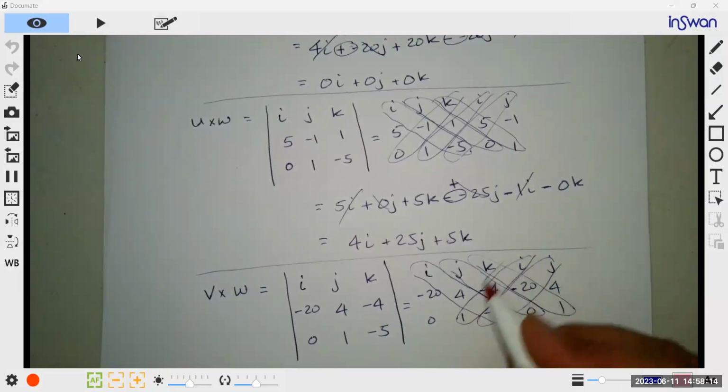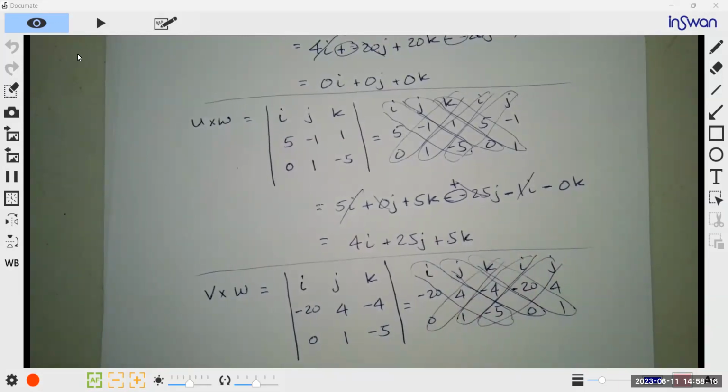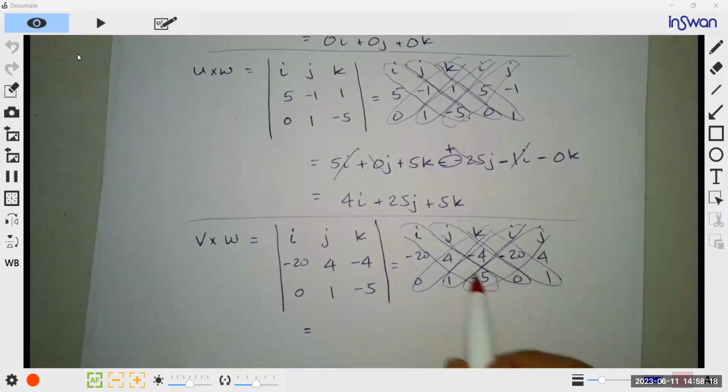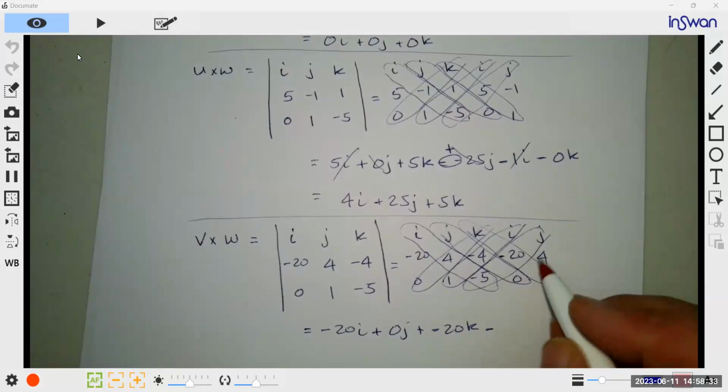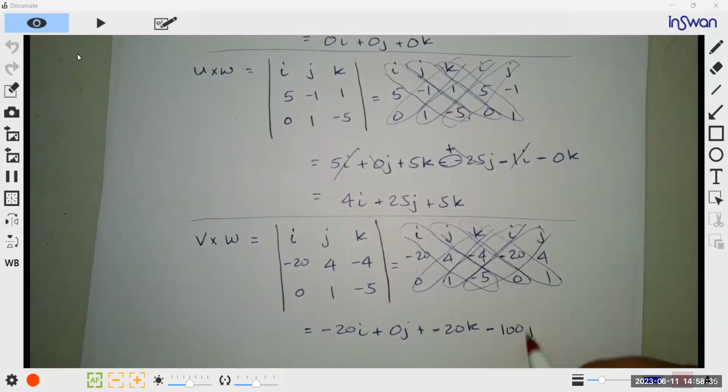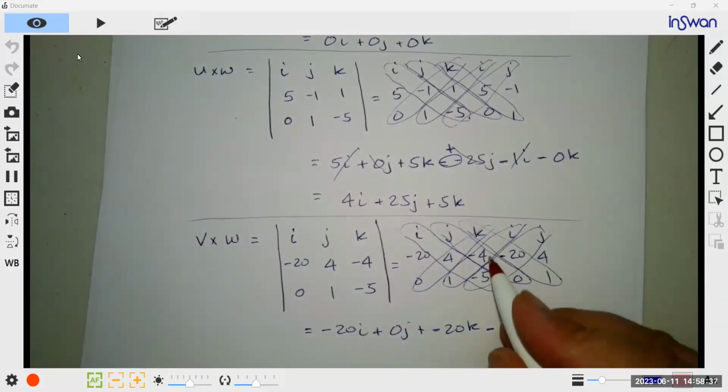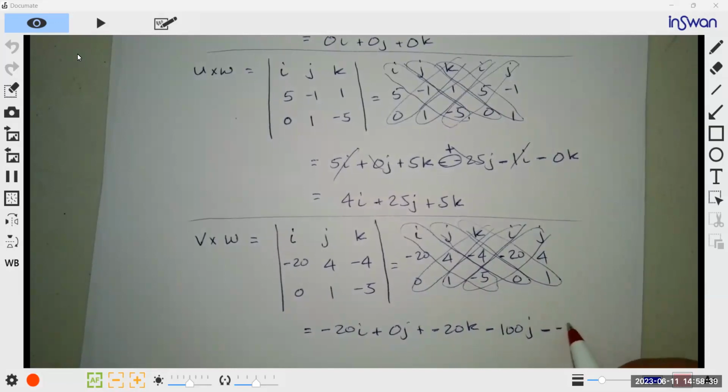These are going to be all our products. So it's negative 20i plus 0j plus negative 20k. Now minus 100j minus negative 4i minus 0k.